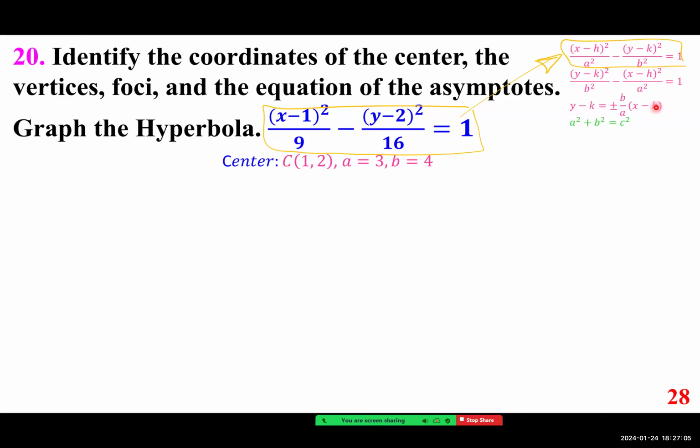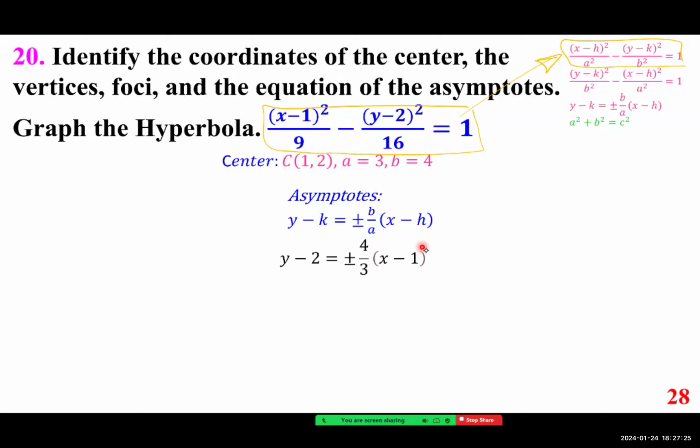I'm going to use this as the formula for the asymptotes: y minus 2 equals plus or minus b over a, 4/3, times x minus 1. If you move this to the other side, you get those. Of course, this can be simplified. So you have positive 4/3 times x minus 1 and negative 4/3 times that.